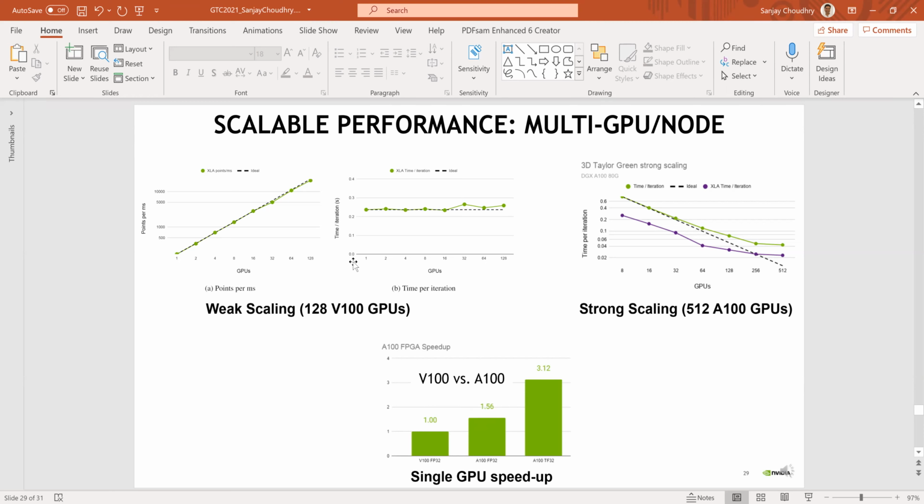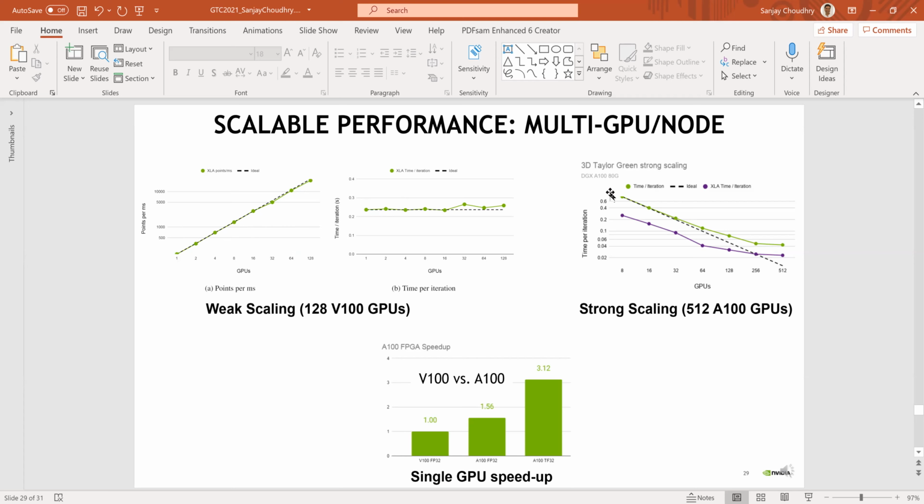And we did substantial studies both on V100 as well as A100 on weak scaling as well as strong scaling. So we kept on increasing the number of points with the number of GPUs, so larger and larger batch sizes. That would give us better accuracy and convergence characteristics with larger batch sizes. But we were able to do that without actually increasing the time per iteration as the number of GPUs got added.